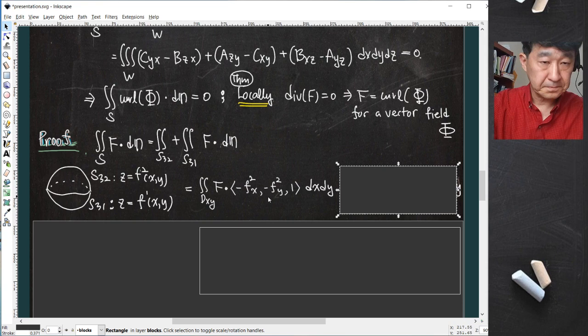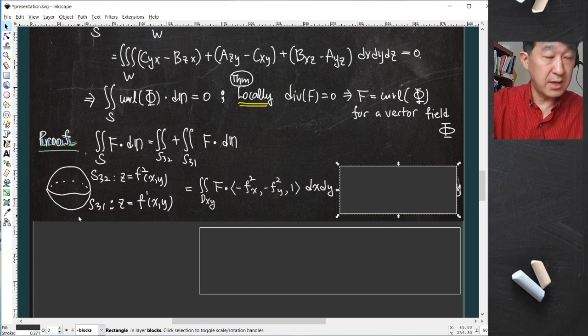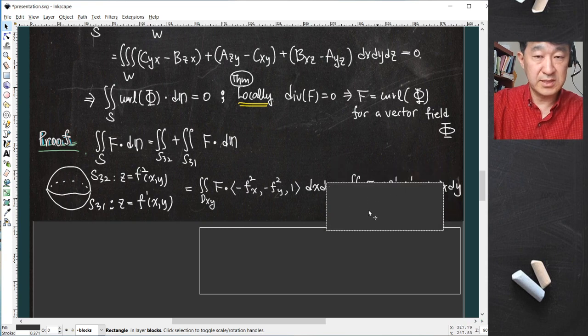All right, it's a top function and a bottom function in there. So this is a top function f2, differentiated with respect to x and y. That's the normal vector, and here's the vector in there. The other one has to be upward like that, so that's the same thing, I think.